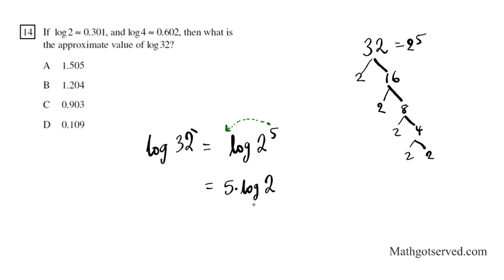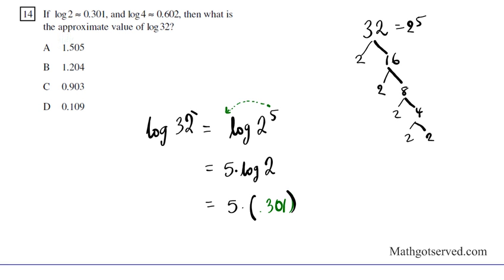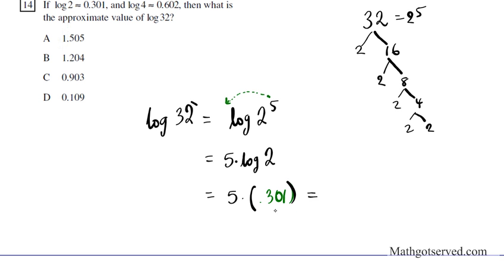Now log 2 is 0.301, so this becomes 5 times 0.301. Just multiply 0.301 times 5. That's not difficult to do. You can use your calculator. You're going to have 1.505. And the correct answer here is option A.